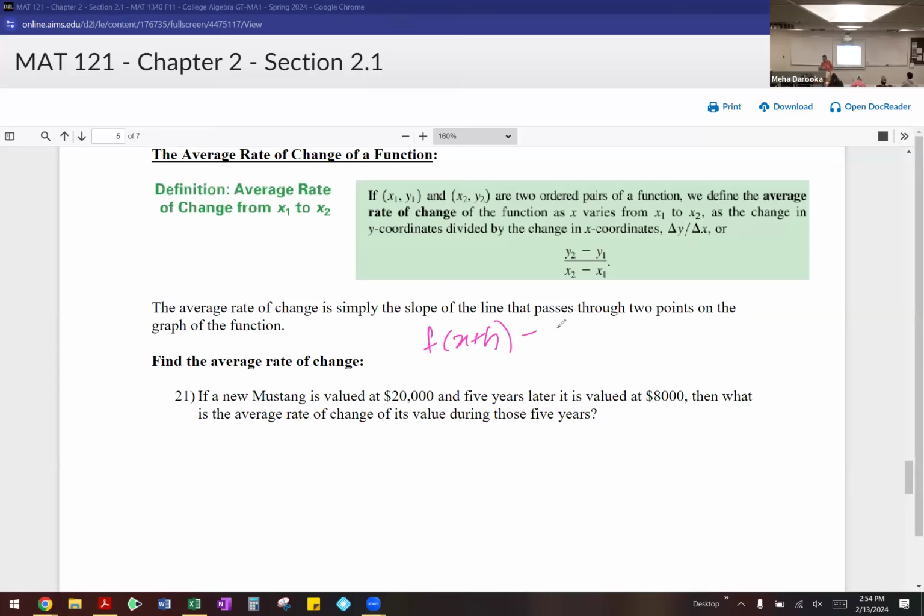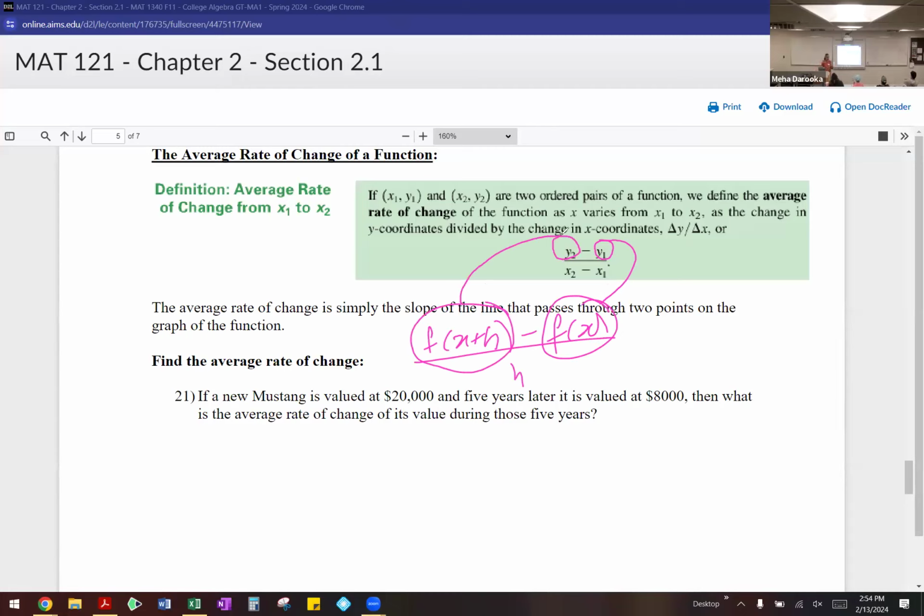Okay. So when I'm saying f of x plus h minus f of x over h, well, your f of x represents the original y1 value, because that's where we started at. Then you move, maybe horizontally or diagonally a little bit on your graph. So the f of x plus h is actually going to represent the y2 value. So from the original point, how far have you moved?